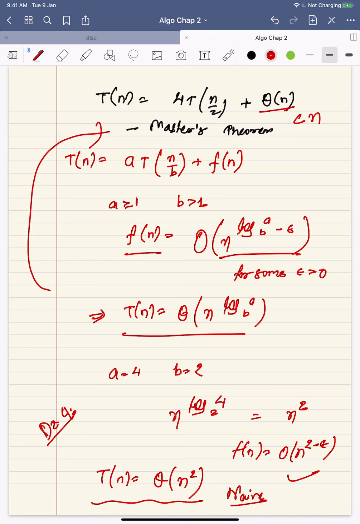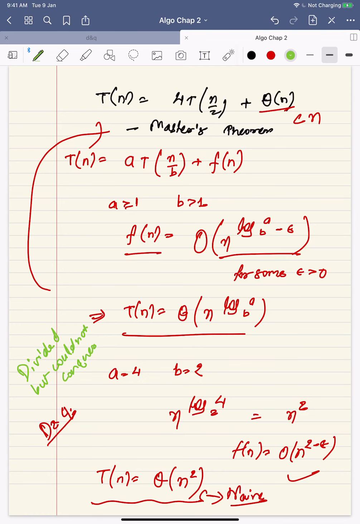Even the naive algorithm was giving me theta n squared. So what have I achieved by doing this nice divide and conquer? This is something we can call divided but could not conquer. Yes, I divided the problem, but overall I could not conquer. I am still doing it in the same time complexity, n squared.